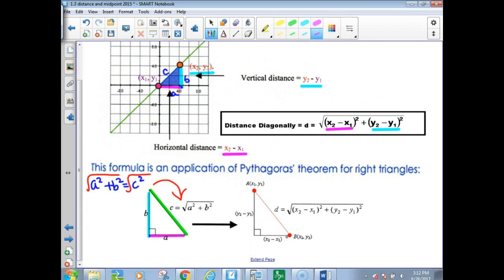Okay, so again, change in the X's or difference in the X's is right there. Find how far it is from here to here. Find how far it is vertically. That's this part of the formula. So whatever you get for this distance and this distance, you square it, you add it, and then you take the square root. Okay? And then you find the green part, which is what we're trying to find.